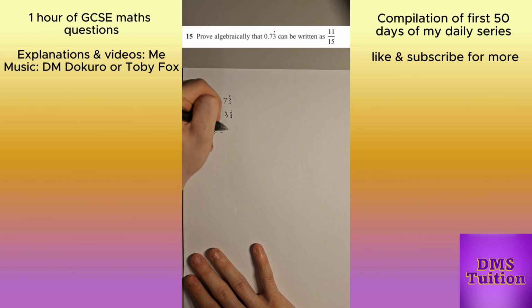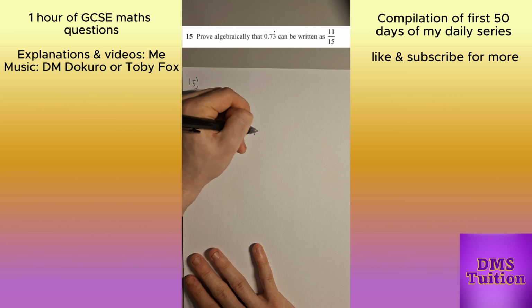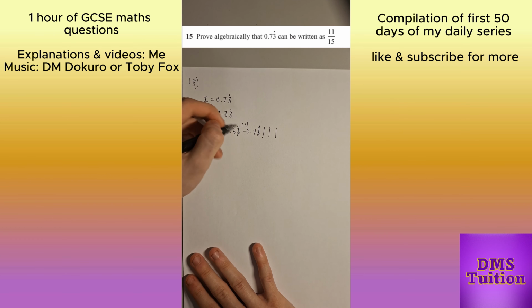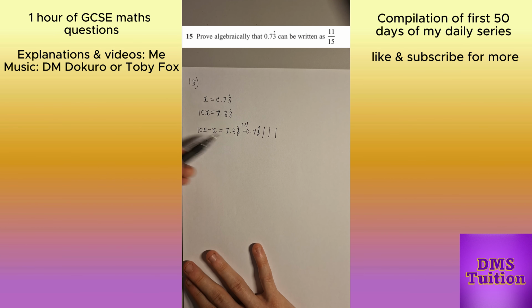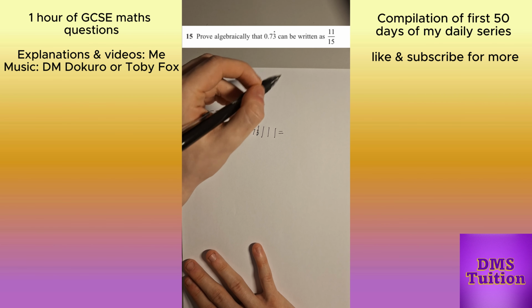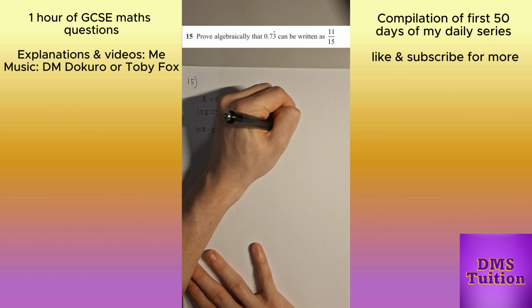and then we can simply do 10x minus x, in which we get 7.33 recurring minus 0.73 recurring. All the 3's after that cancel out eternally, so it cancels into just 7.3 minus 0.7, which is equal to 6.6.